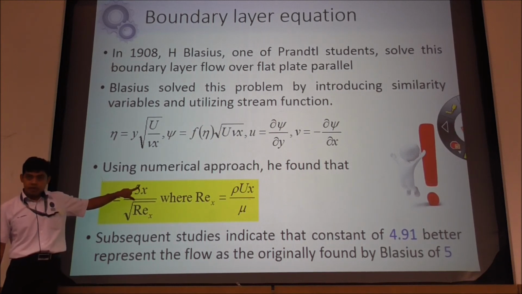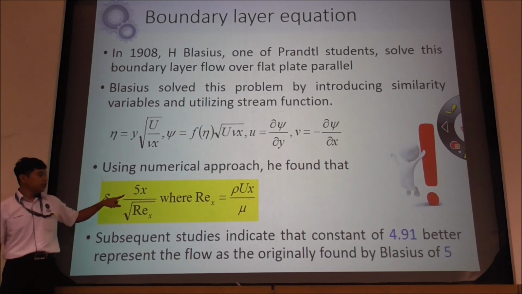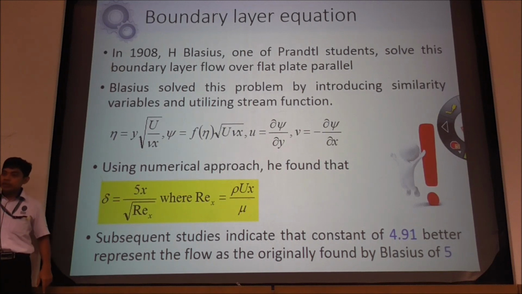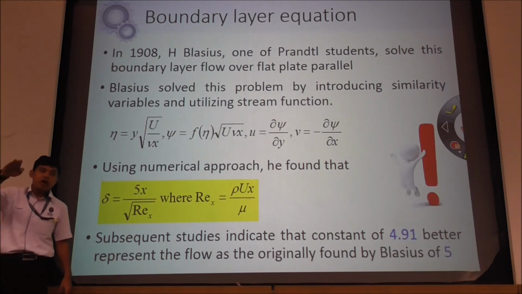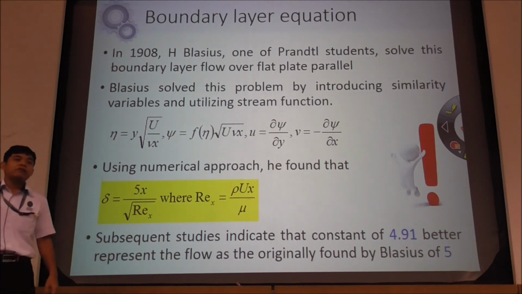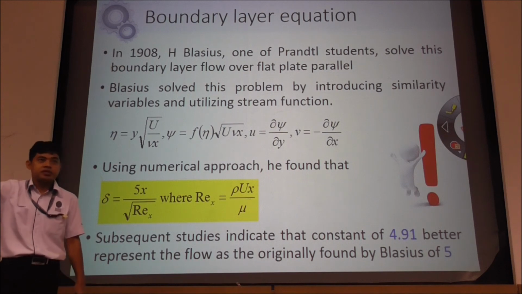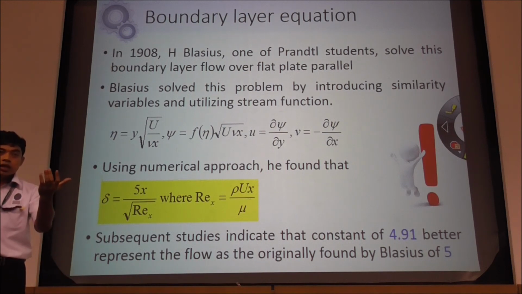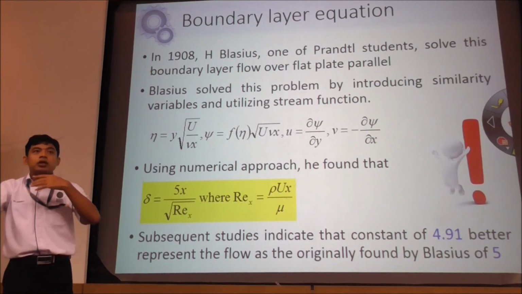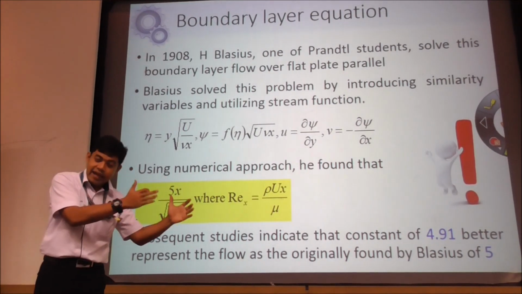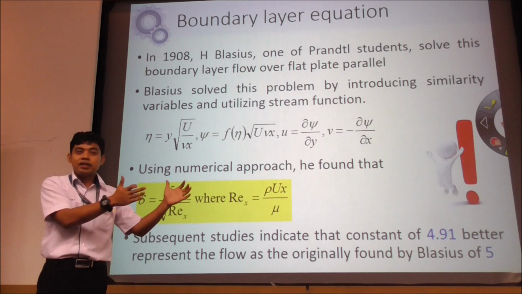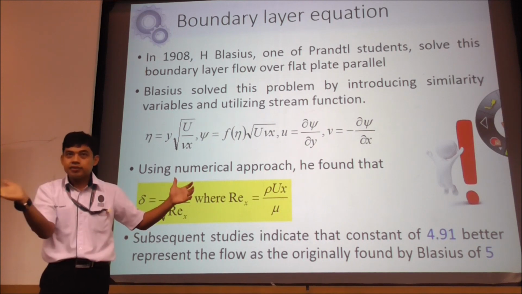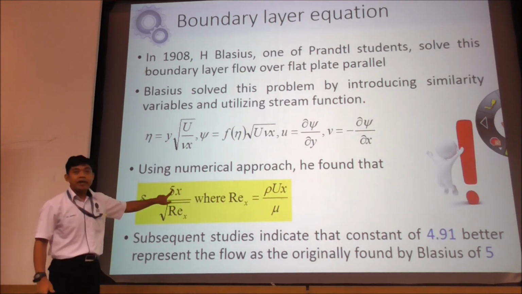Okay? Blasius did the calculation. You found that when u is equal to 99% of the incoming u, that is where your delta is, right? The thickness, the edge of the boundary layer, occurs when the velocity is equal to 99% of the incoming velocity. That is what you need to do, right? With the technology at that time, which is nothing but his brain, nothing else, he found 5.